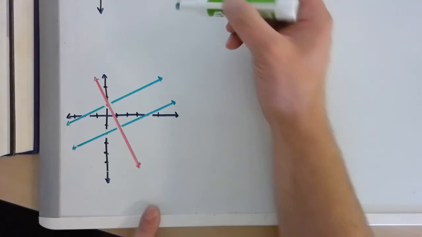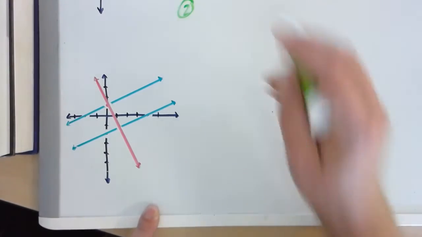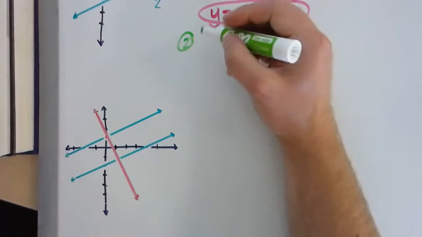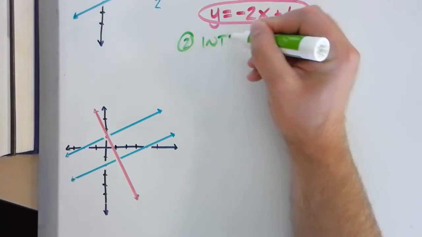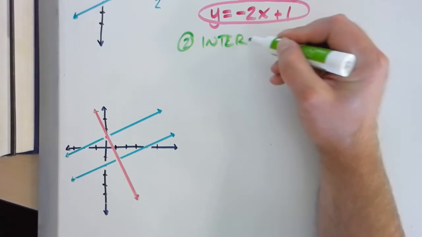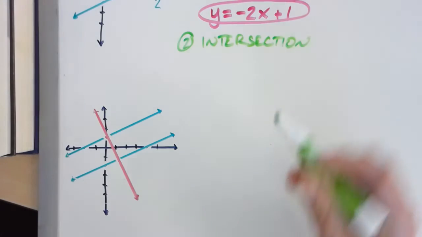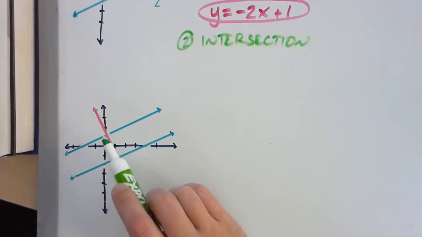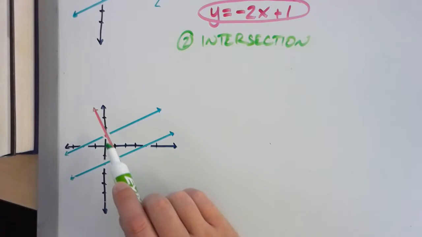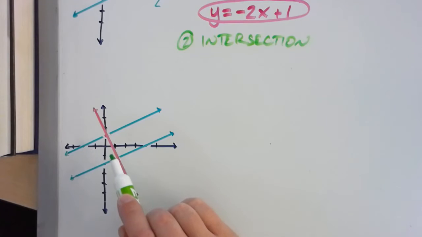Okay, but let's move on to step 2, which is finding the intersection, because before I can use the distance formula, I need 2 points to find the distance between. So far, I have this point, (0, 1), and I need to find the distance to wherever this intersects right here.